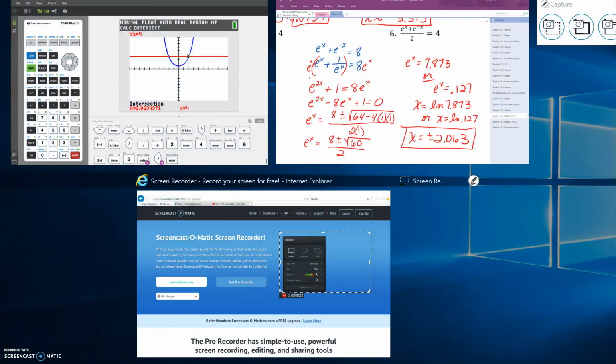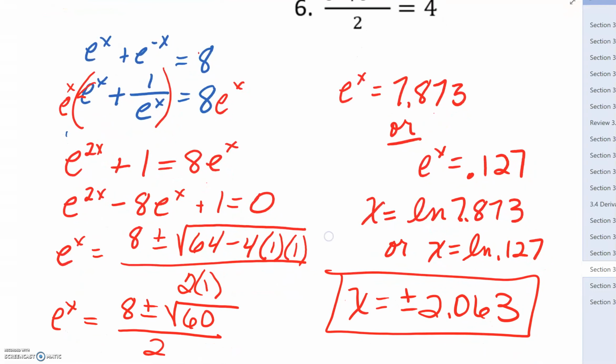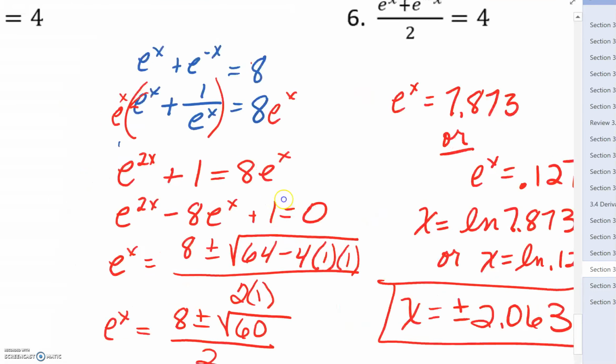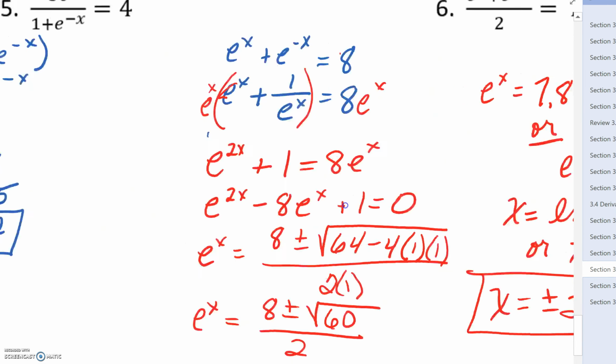Just make sure you pay attention to directions on a quiz or something. If I say, you may solve it either algebraically or graphically, that would be fine. Otherwise, just do it however you want. But if it says do it algebraically, you need to do it algebraically.